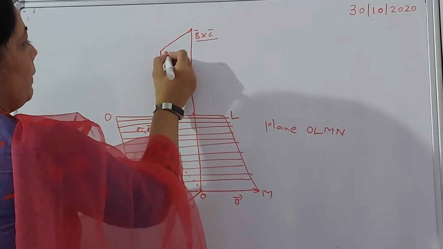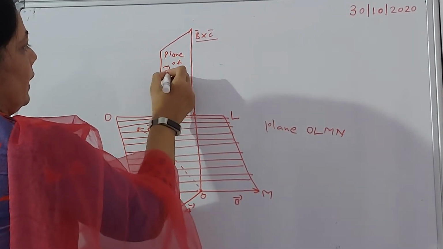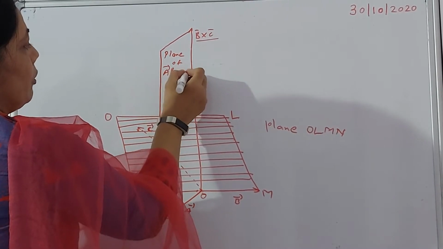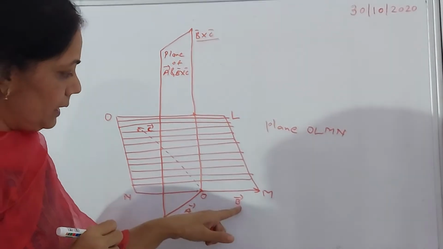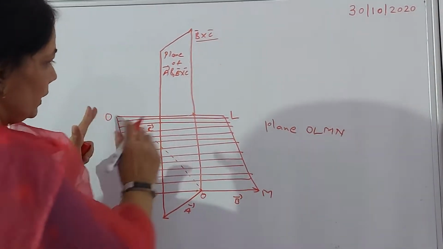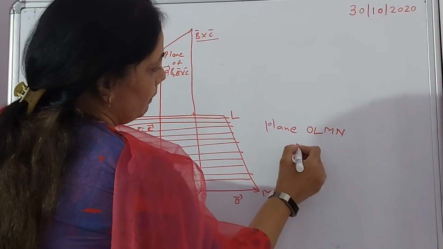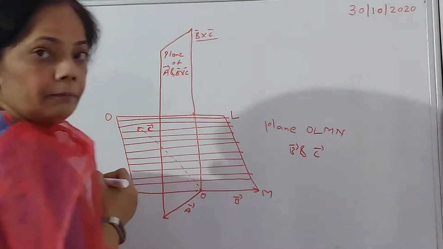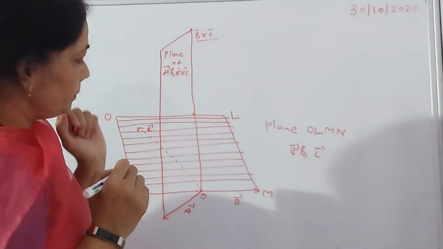Perfect. So what is this now? This is the plane of vector A and B cross C. Vector A is here, vector B is here, vector C is here. This plane OLMN has vector B and vector C. This part was B cross C, the cross product.